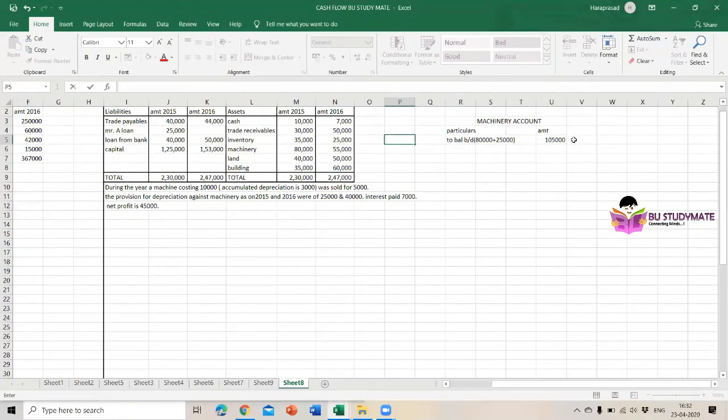Okay, first we will write down the sale amount by bank account. How much have we sold for? 5,000 rupees. Then we have incurred a loss, so loss on sale: 7,000 minus 5,000, that is 2,000.